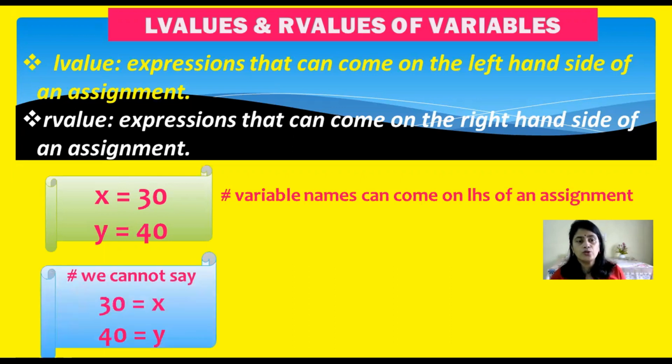Now what you cannot do is write 30 equal x and 40 equal y, because the variables to which we assign the values need to be on the left hand side of the assignment operator. If you write 30 equal x and 40 equal y, it will generate an error. Okay. Now let us move on to the next topic.